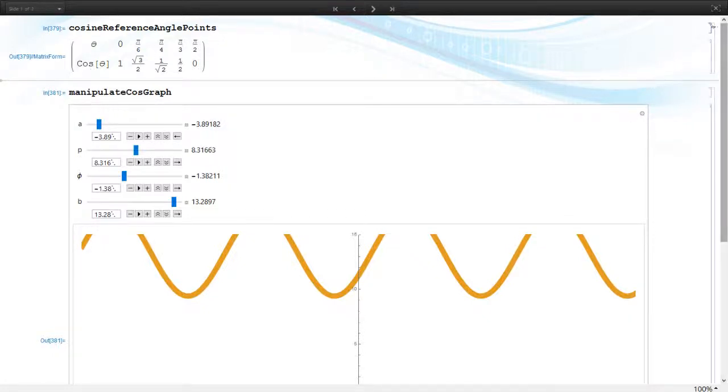And we can do this for all of our trig functions. We'll do tangent next. We know how to look up the points on the chart and use the unit circle. The unit circle says that tangent is going to be positive in the first and third quadrants and negative in the second and fourth quadrants. So when we do that, we can get our tangent graph. It will look something like this.